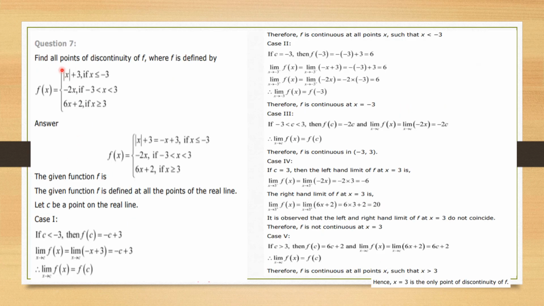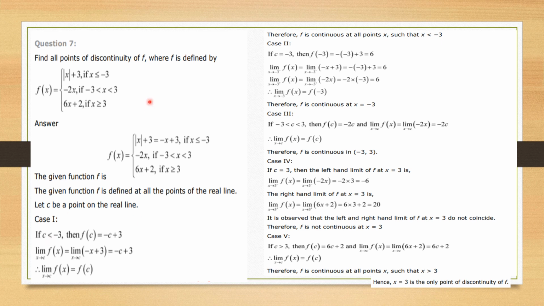Now question number 7 is again about all points of discontinuity. So this is your function. Where is it defined? It is defined at -3, 3, greater than 3, and less than -3. So the given function is defined at all points. Let c be a point in the real line.